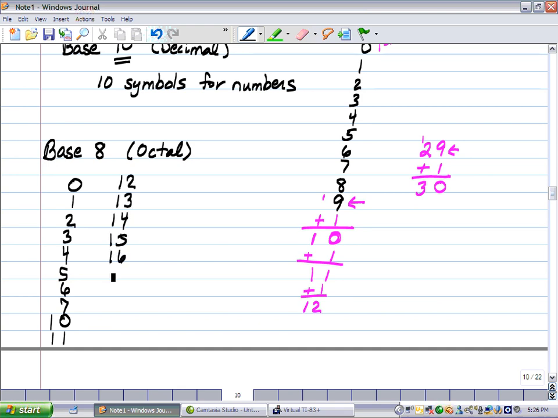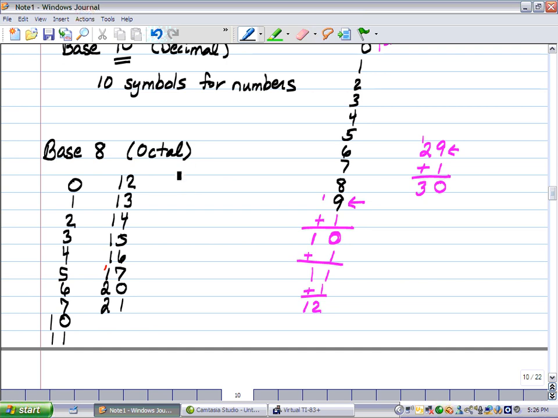until we get to 17, or what looks like 17. Because I'm at my last symbol, I start all over, and I carry 1 up here. What's the next symbol after 1? 2. So I keep going. 21, and so on.